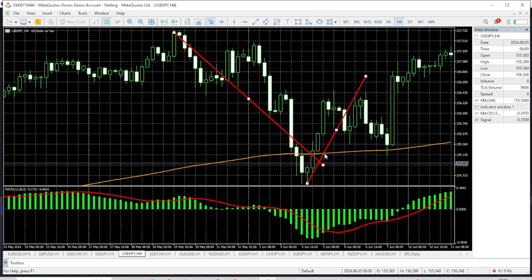It is now moving away from the moving average, and we see that 4 candlesticks, 1, 2, 3, 4, now formed above the exponential moving average 240. That means that we are practically in uptrend now, but it doesn't mean that you should buy. It means that in your mentality, we are uptrend.